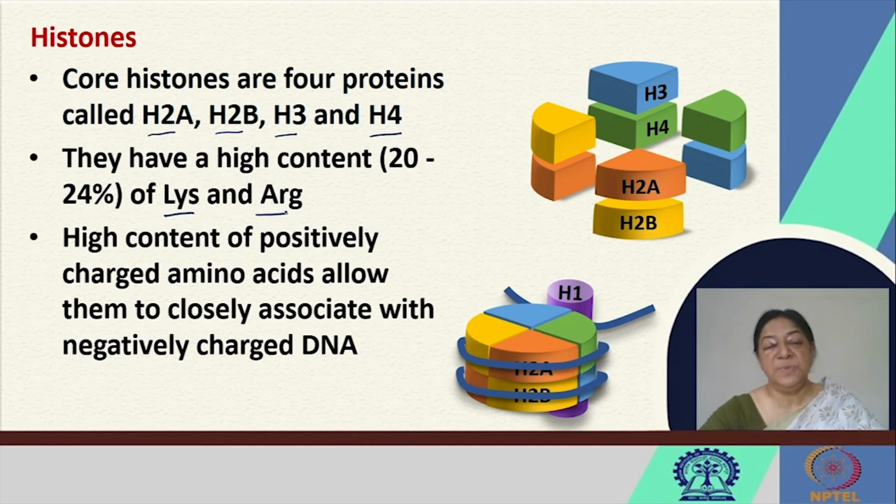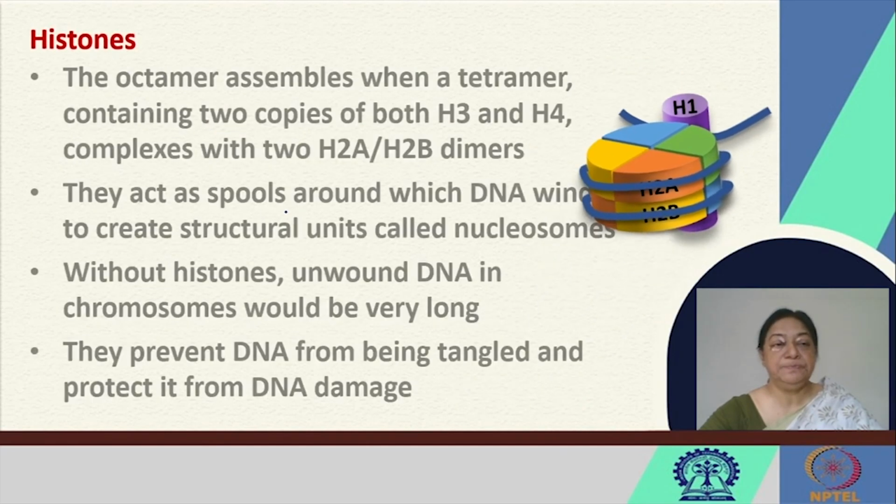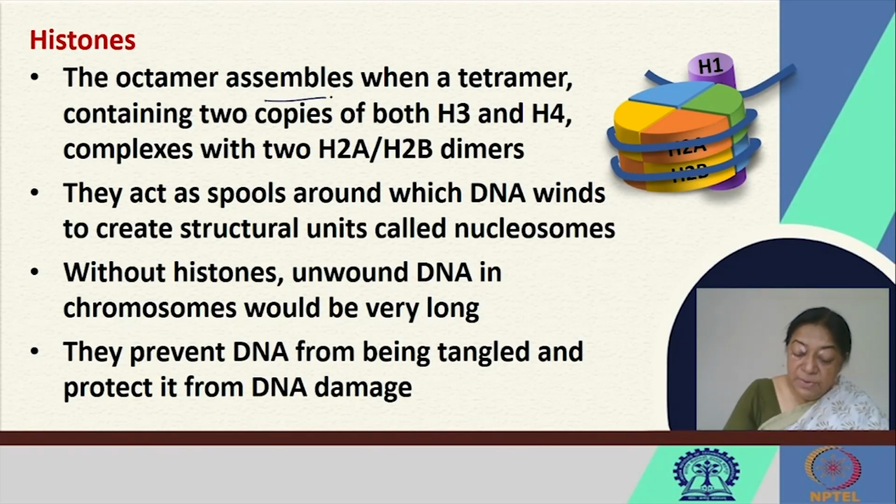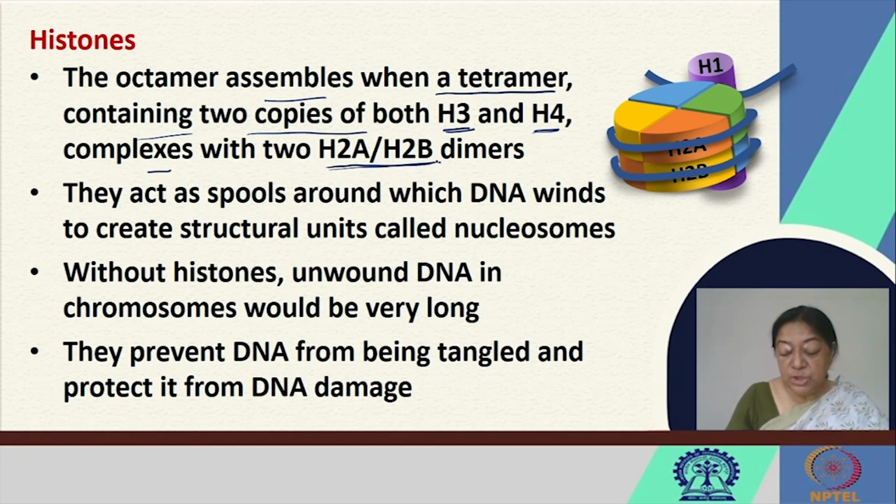in non-specific interaction types. The octamer of the histone assembles when a tetramer containing two copies of both the H3 and the H4 forms complexes with two H2A and H2B dimers. So we have an octamer assembly.